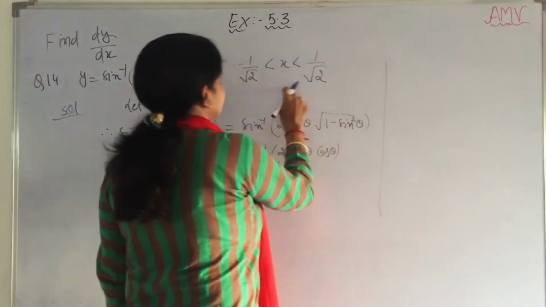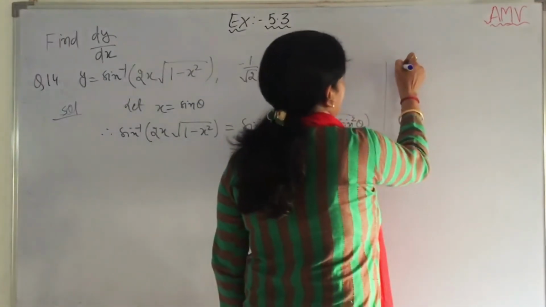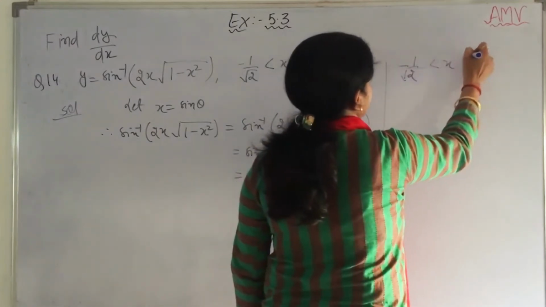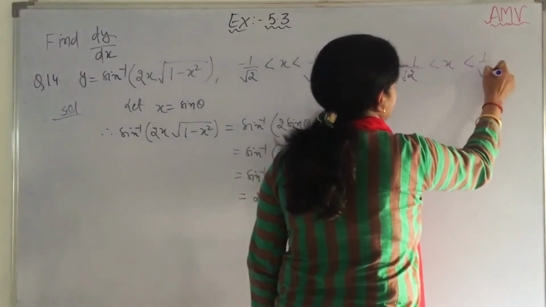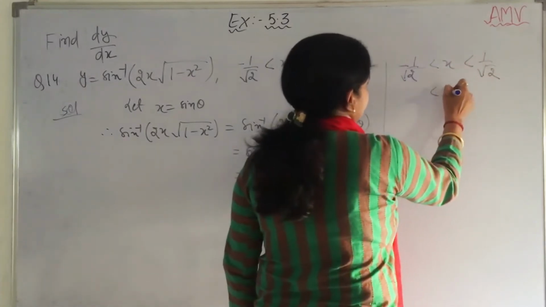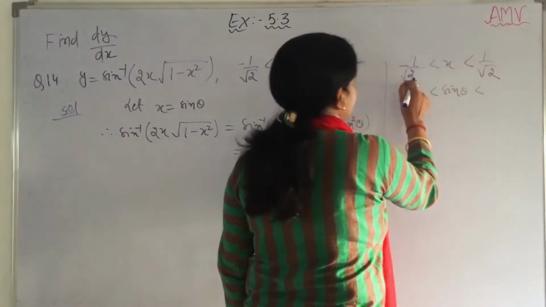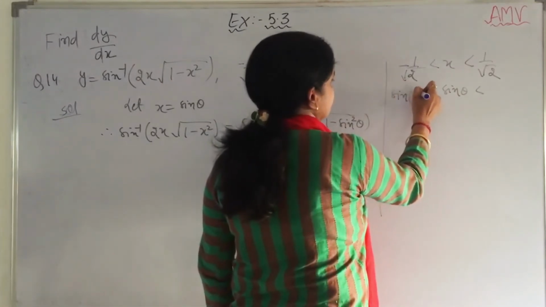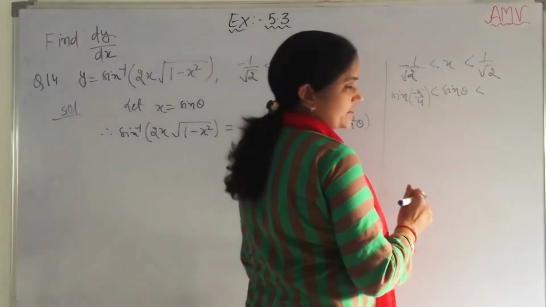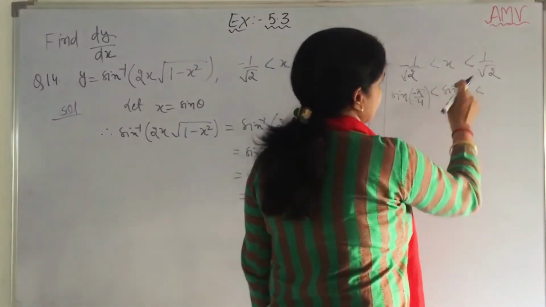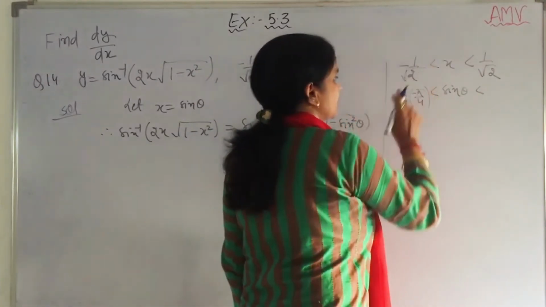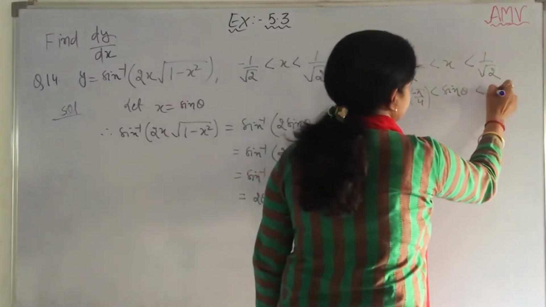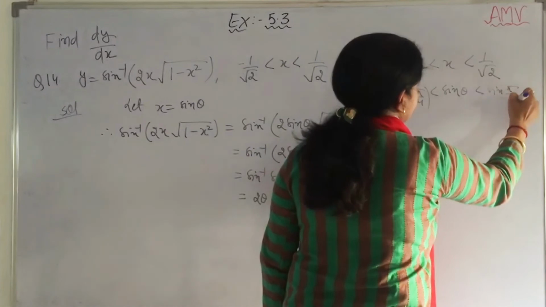But here x is given from minus 1 by root 2 to 1 by root 2. Okay. In place of x, it's sin theta, and here it is sin minus pi by 4. Okay. The value of sin pi by 4 is 1 by root 2. Here it is minus 1 by root 2. So it is sin minus pi by 4, and here it is sin pi by 4.